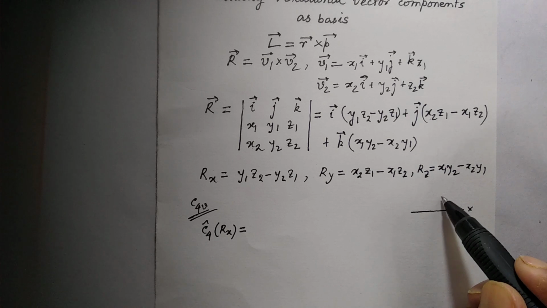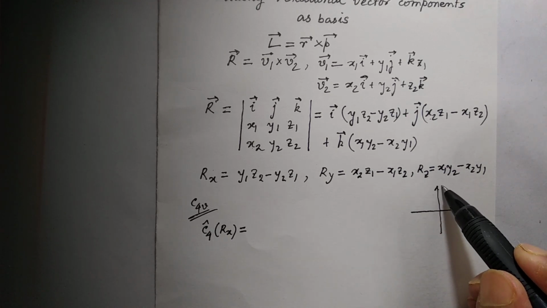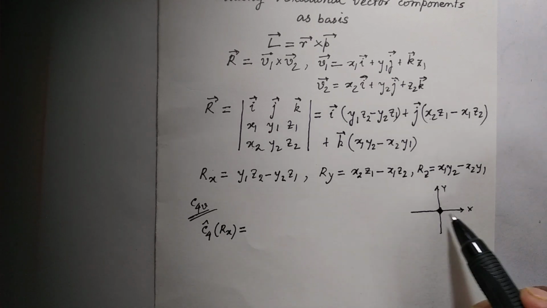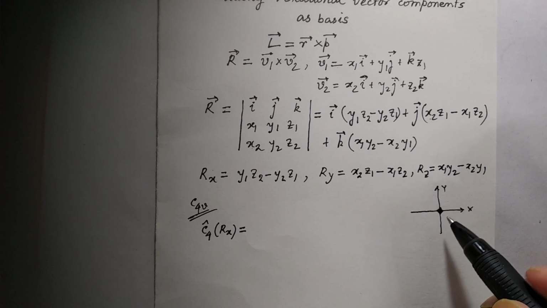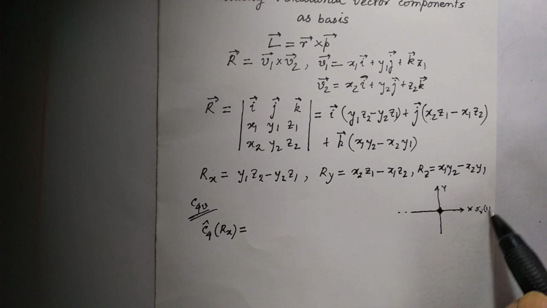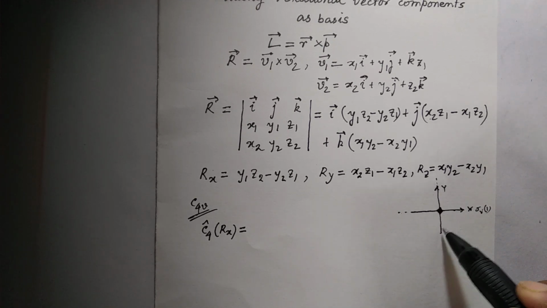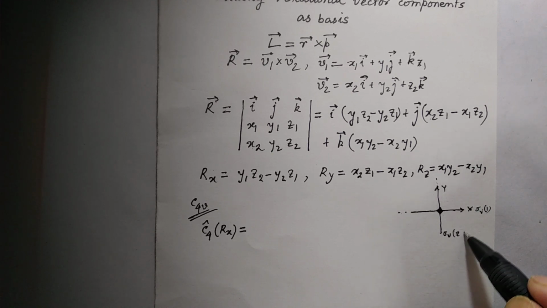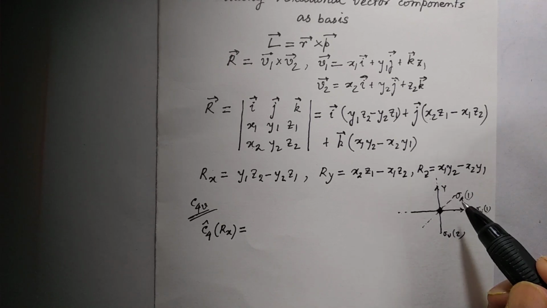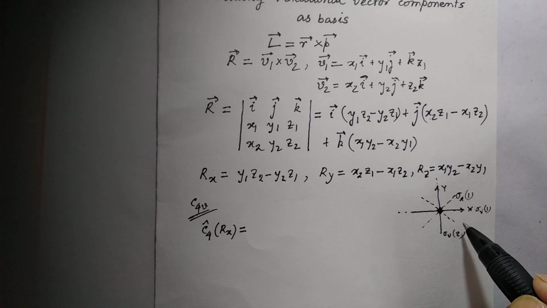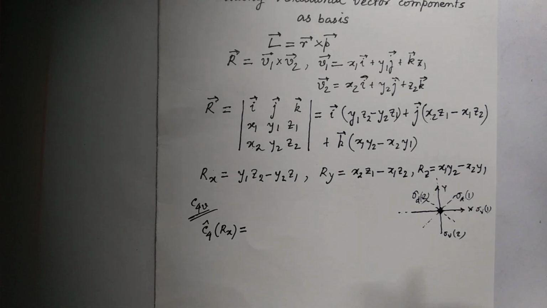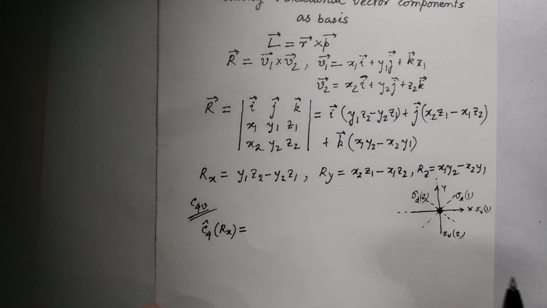This is the x-axis, this is the y-axis, and the z-axis is the fourfold axis of symmetry perpendicular to the plane of the paper. The sigma v planes: sigma v1 is the xz plane, sigma v2 is the yz plane, sigma d1 plane is like this, and sigma d2 is like this. I explained these in my earlier two videos.